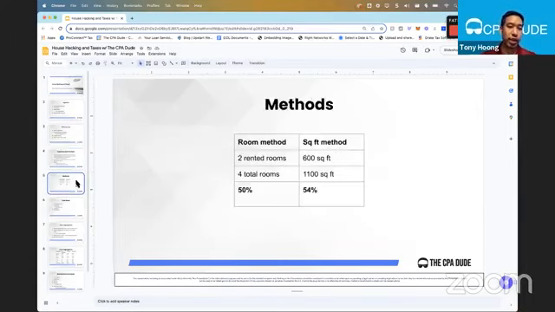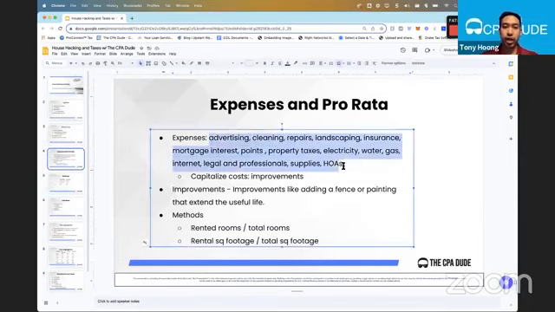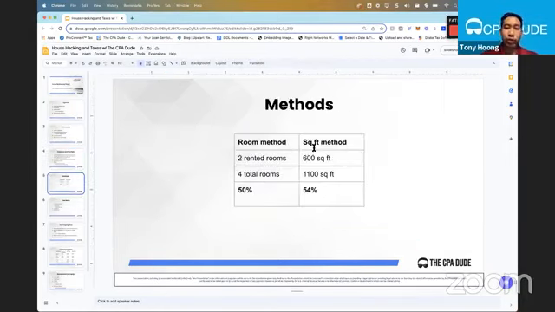So let's use one as an example here. First, the room method: you have 2 rented rooms divided by 4 total rooms, so 50%. Take 50% of all these expenses up top, and those can reduce the rent that you collect. Next would be the square foot method.